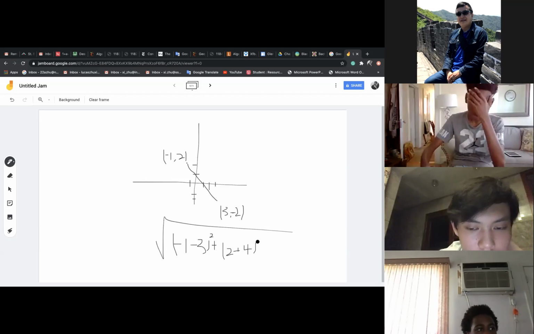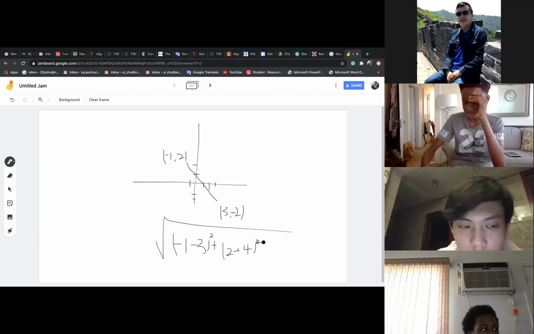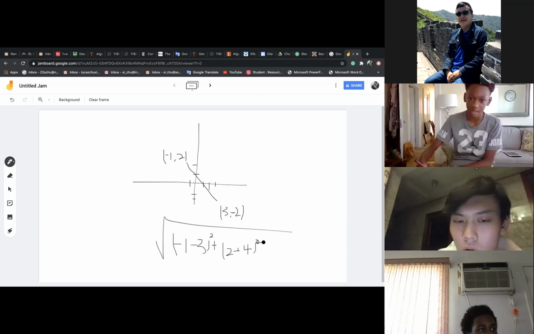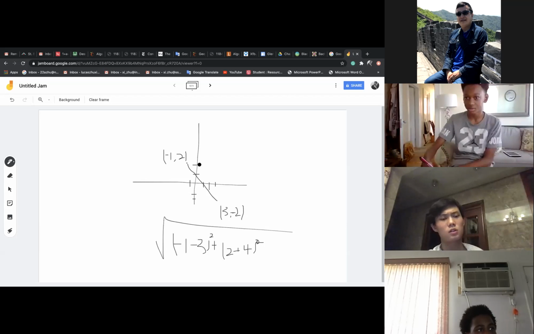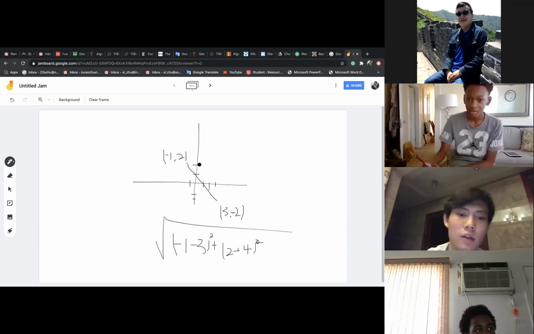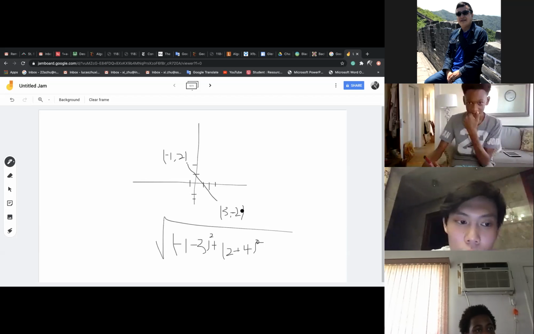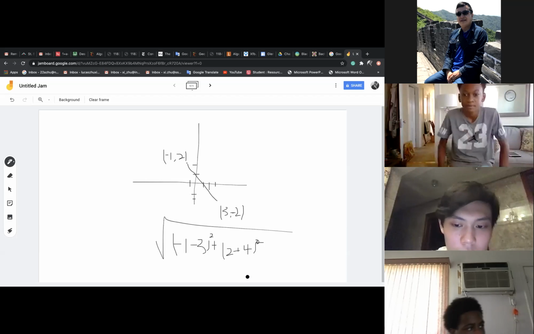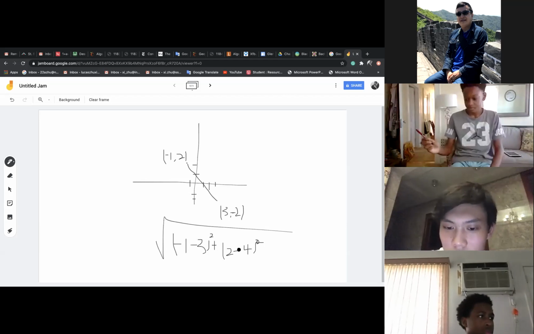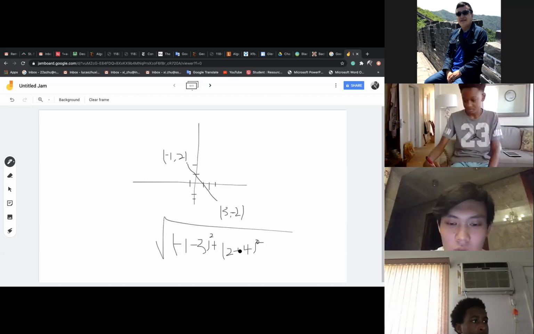I just did 2 minus 2, but I didn't put 2 minus -2. That's why you have to double check when you get the answer. Especially when you're putting numbers in, you have to make sure the negative signs and positive signs are the correct ones.